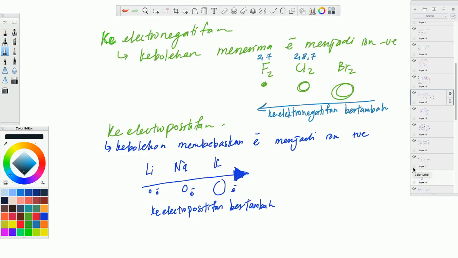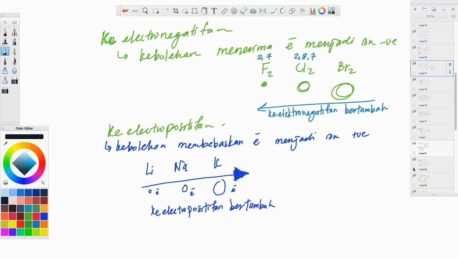Beza keelektronegatifan dan keelektropositifan. Alright, so keelektropositifan ialah logam sahaja. Okey, logam sahaja. Keelektronegatifan ialah boleh menerima elektron, iaitu bukan logam.